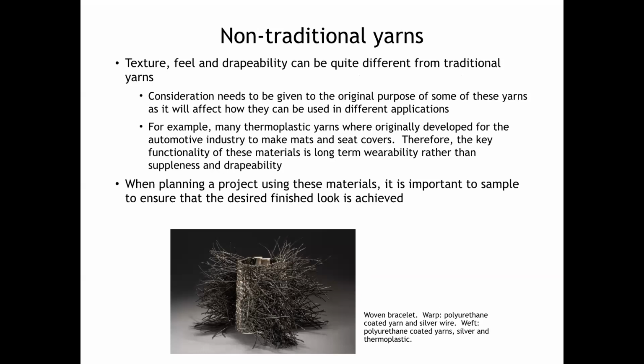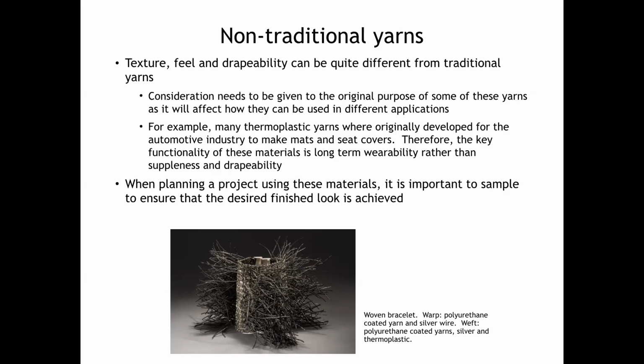If you think about it, thermoplastics were developed to create fabric that would be used to cover seats in cars or to make floor mats in cars. So drapability is not an issue, but durability is. So that yarn, if you use it in your work, is going to look and feel differently than if you were using silk.